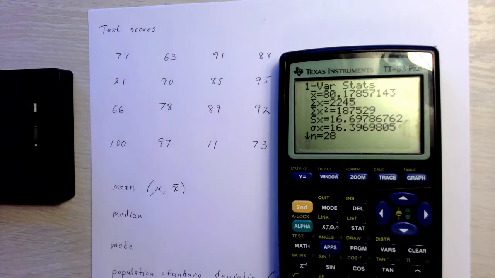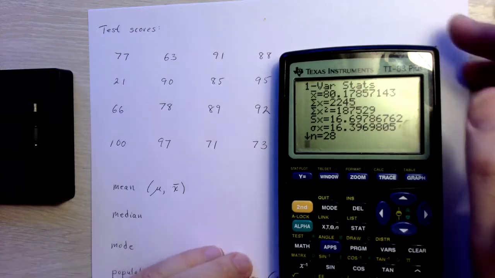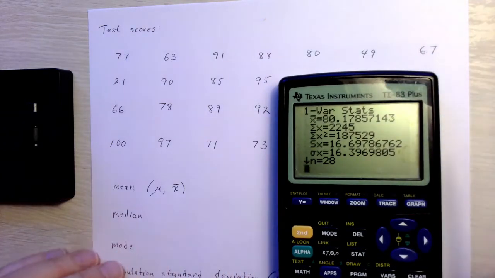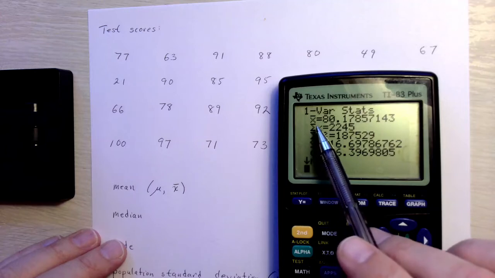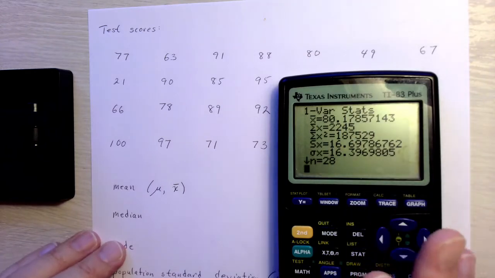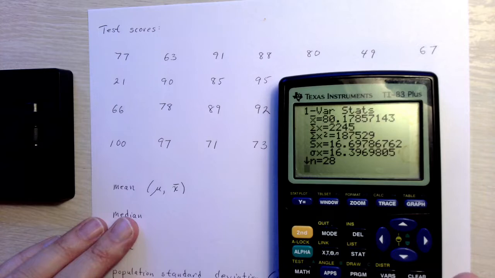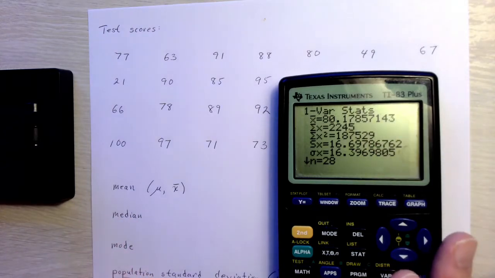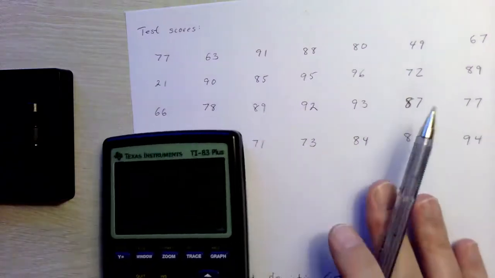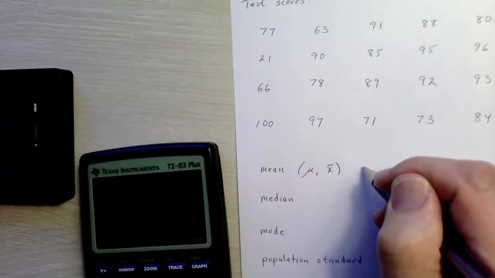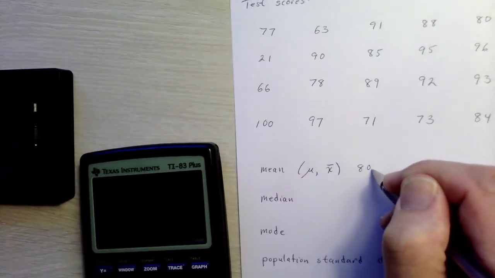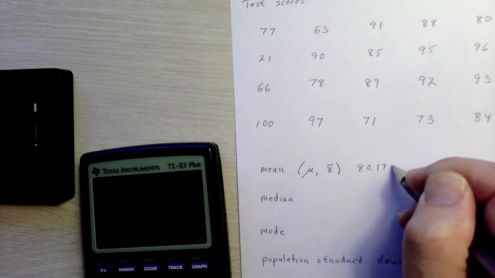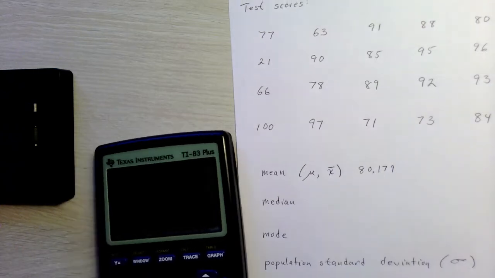And that gives you the statistics. So x-bar, of course, is the mean, which is both the population mean and the sample mean. This is going to be 80.179. We'll round to 3 decimal places.